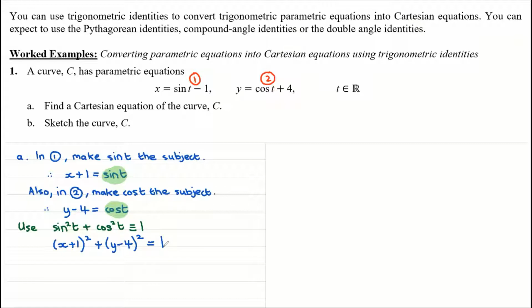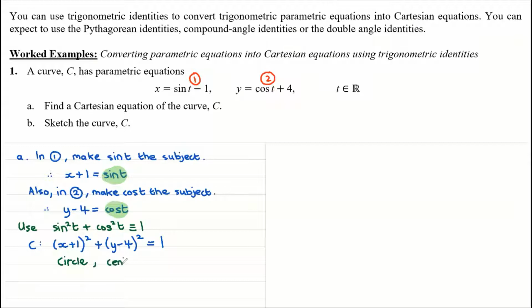Not asked to make y the subject, so we can leave it like that. And what's great about this is it's presented to us in a way that tells us lots and lots about the curve itself. Okay, so this is the curve C. Now, what do we know about C? Well, the form suggests that it's a circle. Hope you spotted that. Okay, and then we can also write down some of its properties. Well, we know that it has the center.